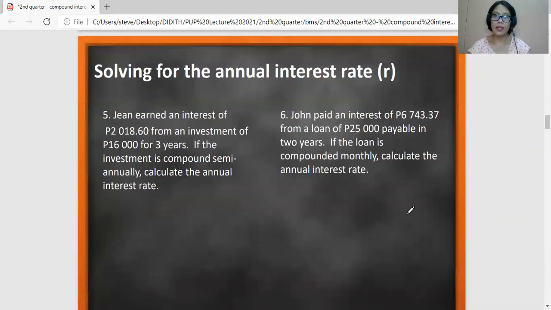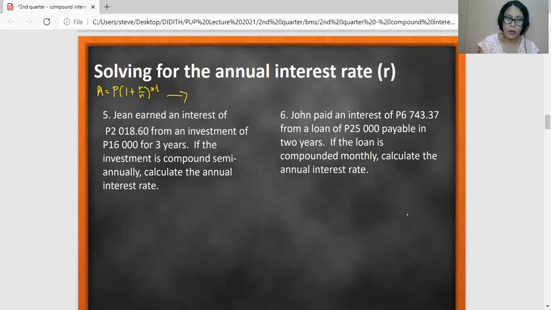Now, since the annual interest rate is asked, we will be deriving the formula from A here. So A again equals P times the quantity 1 plus R all over N to the NT.